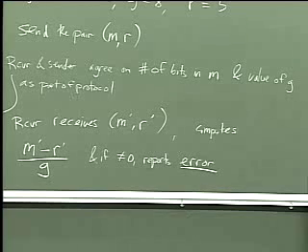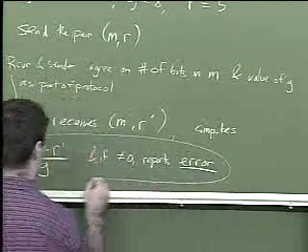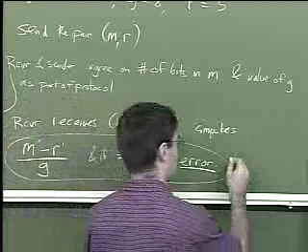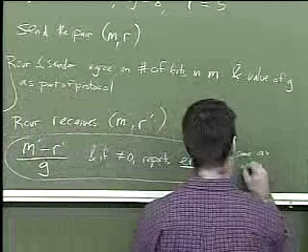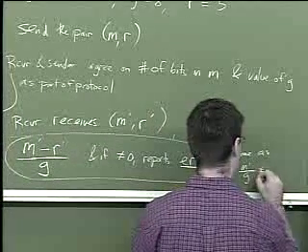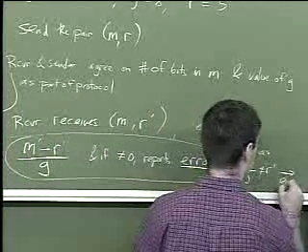I mean, think about it. If you have M and you subtract off the remainder before doing the division, then you should be able to divide that quantity evenly, right? This step is the same as M prime divided by G, remainder not equal to R prime, and you say error.